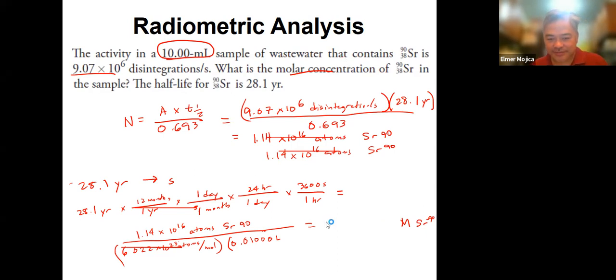1.90 times 10 to the negative 6. So ito yung pinaka-common na analysis na ginagawa nila. So very important dito you know the half-life ng material na tinitingnan mo.